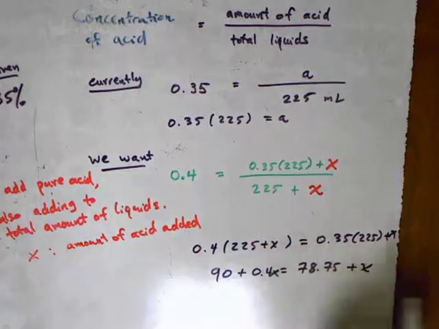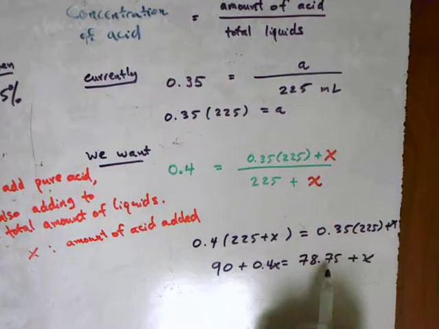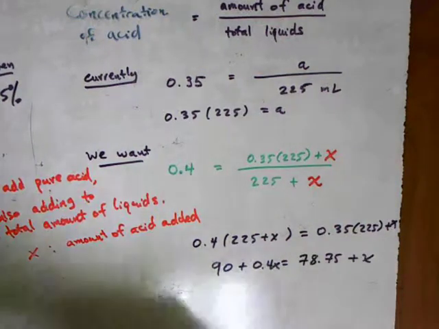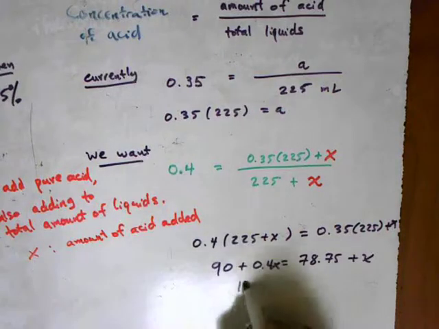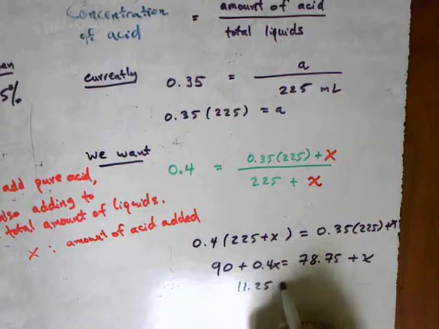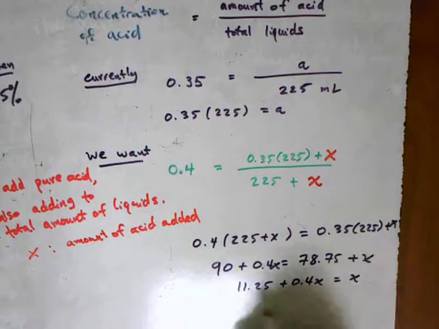Oops, I forgot an x here, so there should be an x there. Okay, so I'm going to subtract 78.75 from both sides. And actually, at this point, this is probably the quote-unquote easy part of the problem, because this type of equation we know how to solve. Setting it up is, of course, a little bit more difficult.